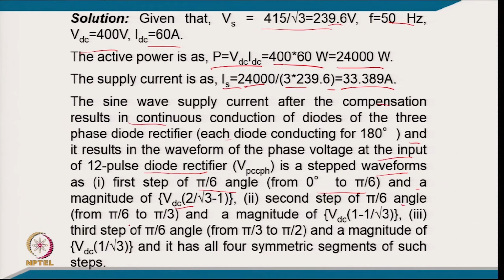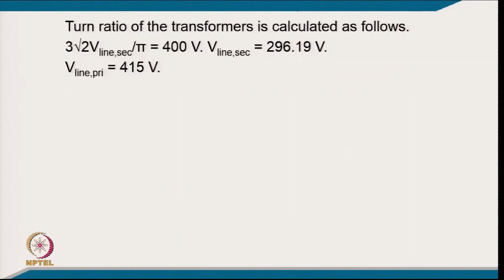The second step of pi by 6, 30 degree, from pi by 6 to pi by 3, has a magnitude of VDC (1 minus 1 by root 3). The third step of pi by 6 angle, from pi by 3 to pi by 2, has a magnitude of VDC by root 3, and there are 4 symmetric segments of such steps in the remaining half cycle, the remaining 90 degree of the half cycle.